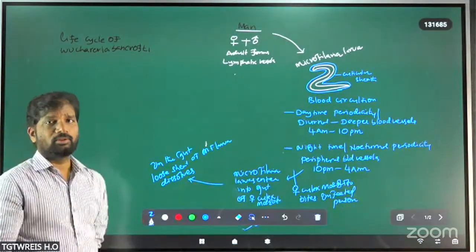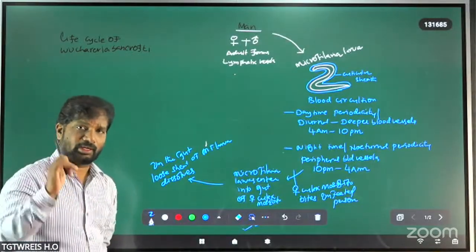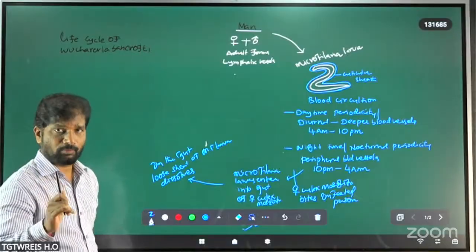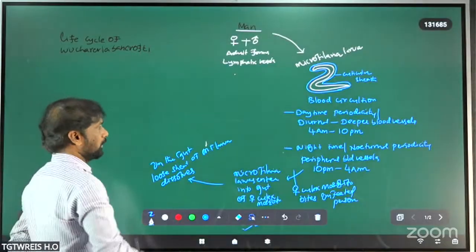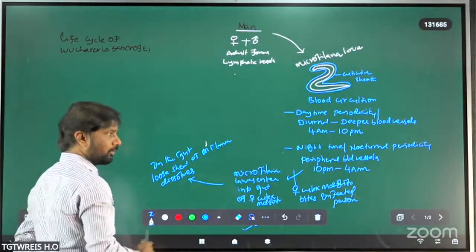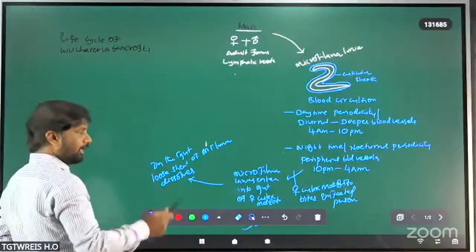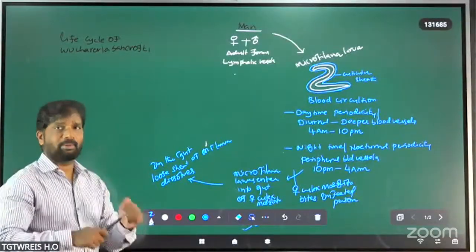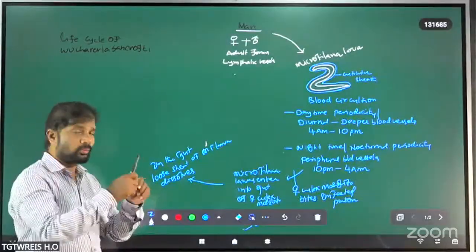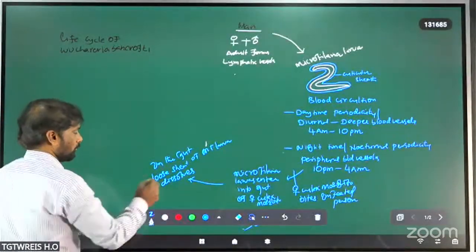So the microfilariae larva enters the female Culex mosquito by its biting, and after that, in the gut, by the digestive enzymes, the loose sheath dissolves.